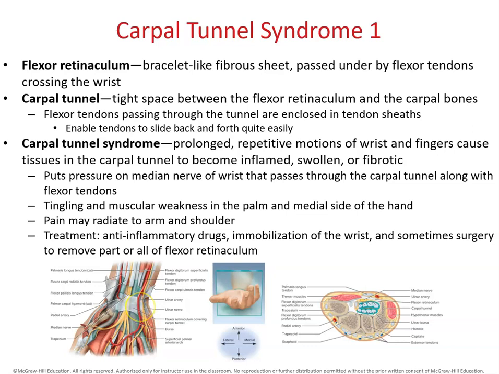So when a person does prolonged repetitive motions like typing or texting or other repetitive things, the tissues in this very tight region can become swollen, inflamed, and fibrotic with scar tissue. And this can put pressure on the nerves, particularly you see the ulnar nerve is going through here, and the median nerve is also going through here. This can cause tingling and muscle weakness in the hand, and it may cause pain up to the shoulder.